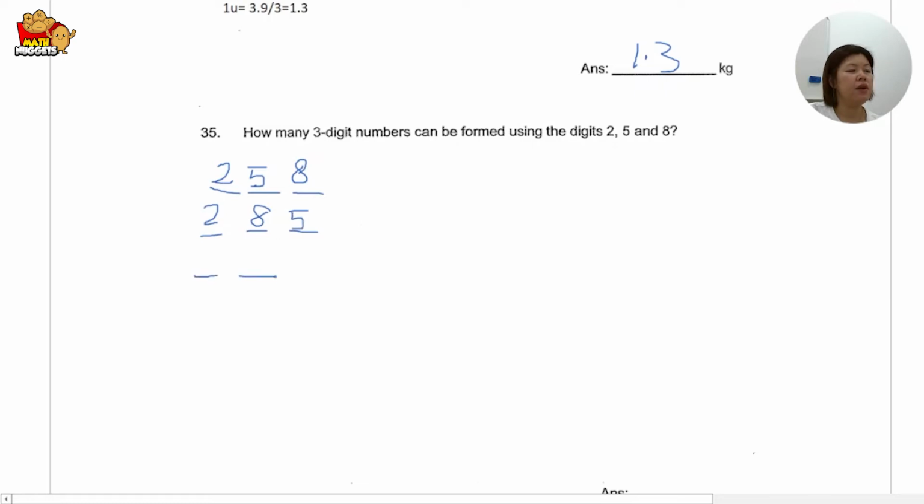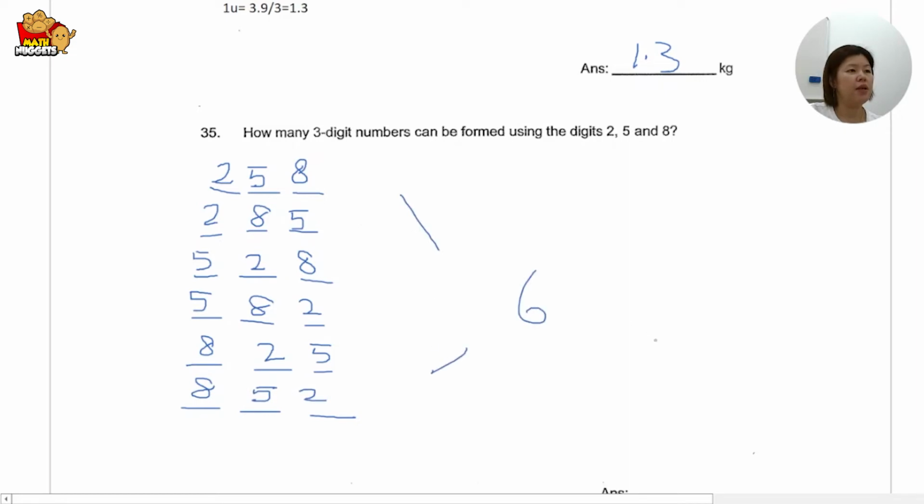So the next one, I can put my 5 here, and then my 2 and 8 here. Or I can have 5 here, and 8 and 2 here. And the last choice is my 8, which can be in this way, or this way. So altogether, there are 6 ways.